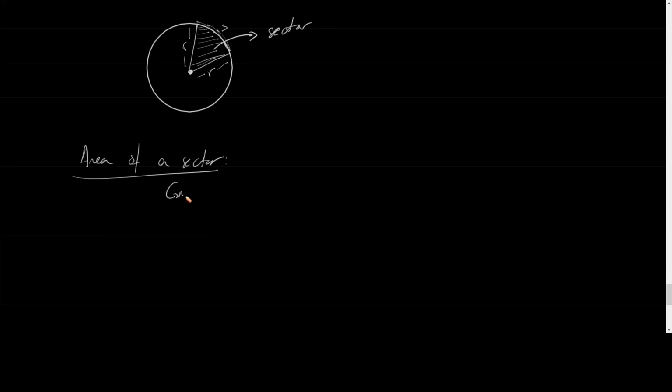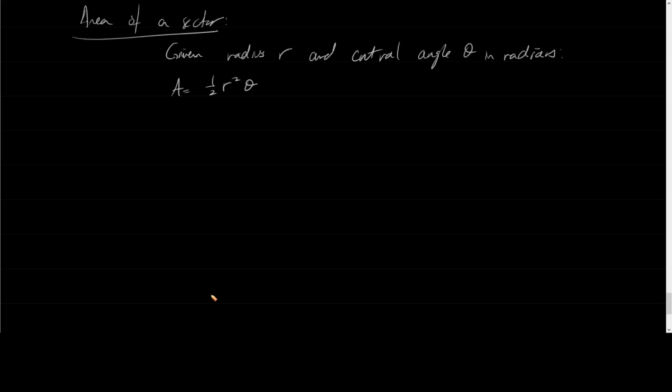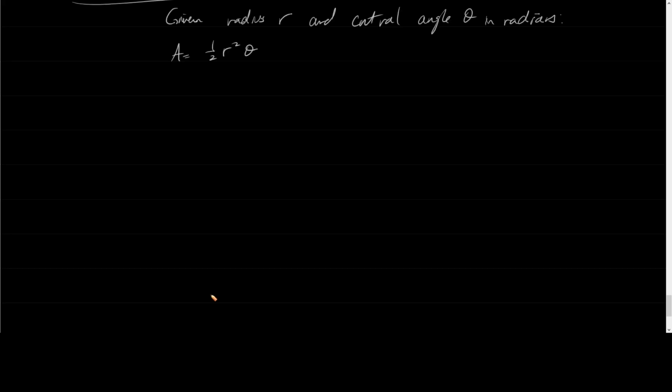So given radius r and central angle theta in radians, we get that the area is equal to 1/2 r squared theta. Right? So let's see how we can go about solving a problem with this.